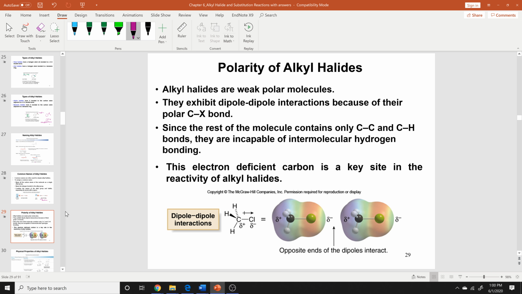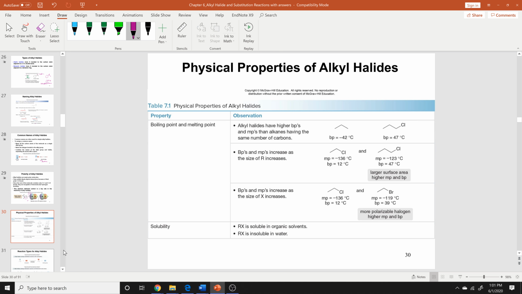So let's say, for example, the alkyl halide reacts with a nucleophile. Then I know that the nucleophile is going to come and attack the carbon. If the alkyl halide reacts with an electrophile, then I know that the electrophile is going to react with the chlorine.